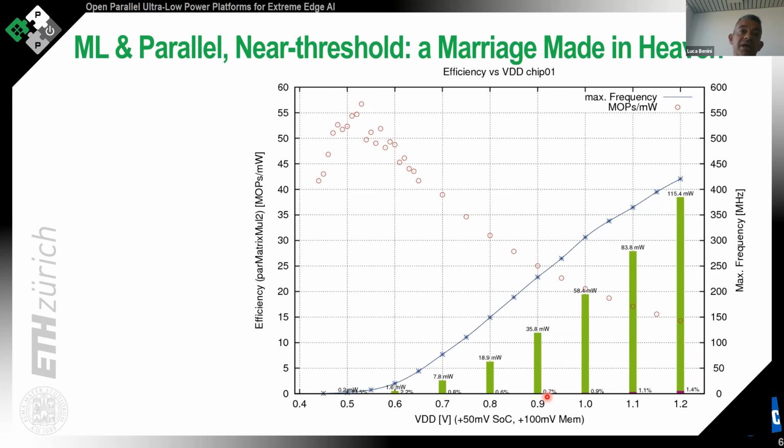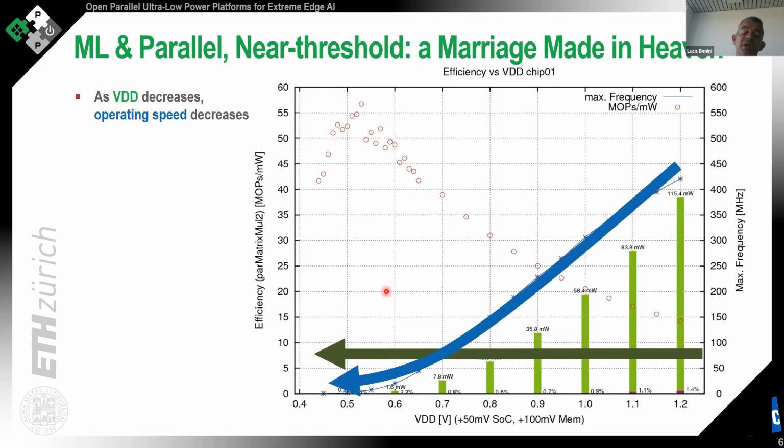What do I mean by that? If we look at the plot that we have here, where we see what happens to performance, maximum frequency and power as the voltage changes, and then we look at efficiency, which is this set of red dots, we see a thing that is very well known for people that design CMOS logic.